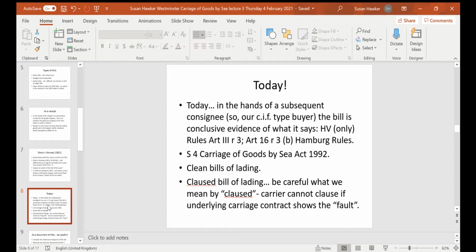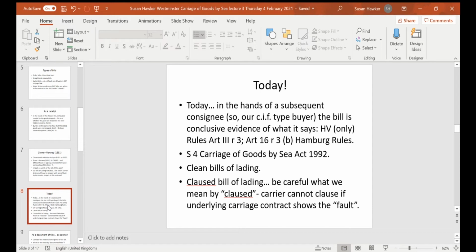Now, he must issue a clean bill of lading in order to satisfy his shipper, because his shipper will be a CIF seller who, of course, has to tender conforming documents. What if the goods are not conforming? The carrier will get enormous pressure to issue a clean bill of lading, even though he would rather issue a claused one.